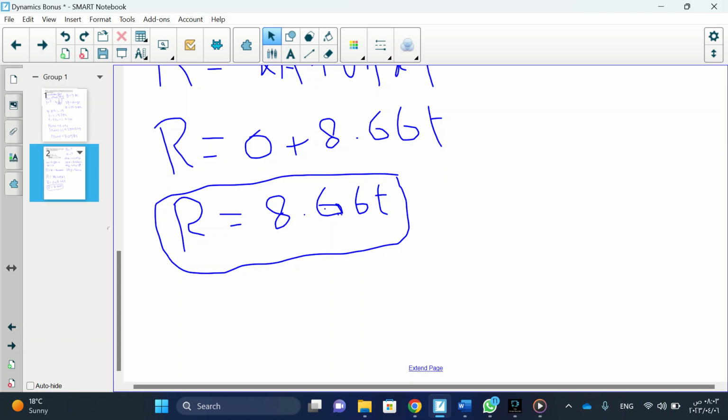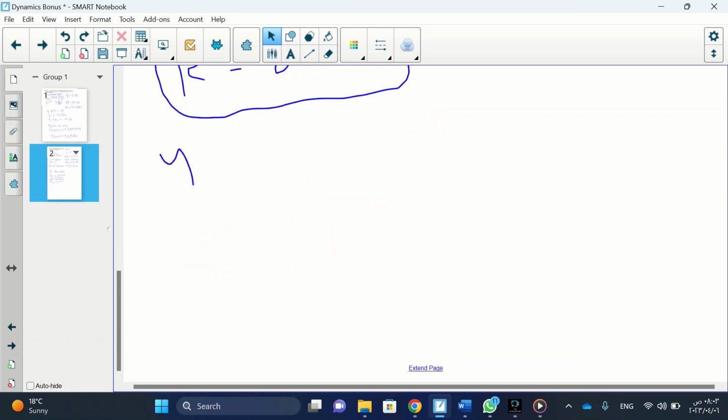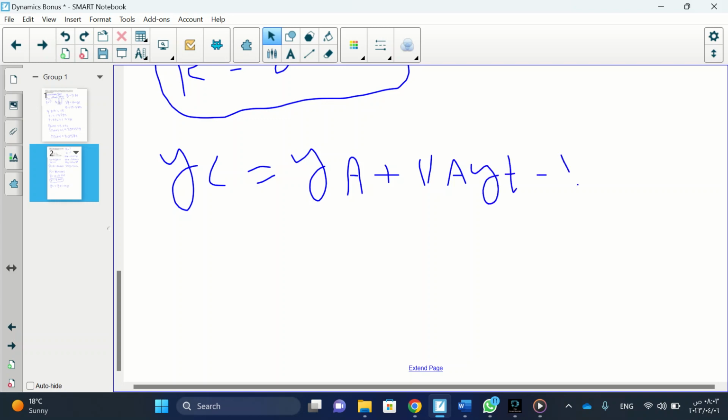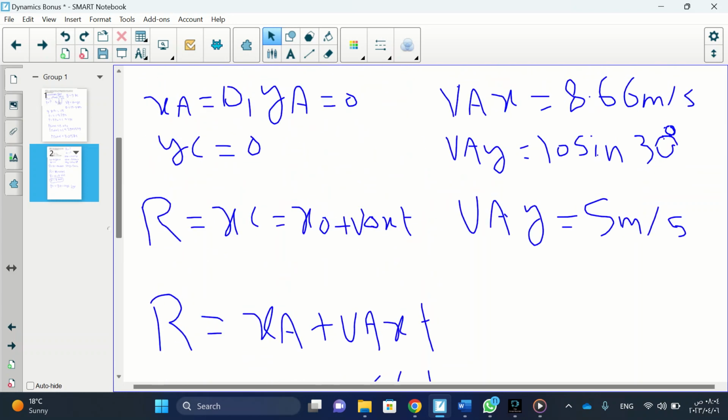What do we have on the y-axis? We have YC, which we said is equal to 0. So YC is equal to YA plus VAY times T minus half GT square. We are just using Newton's law, okay?